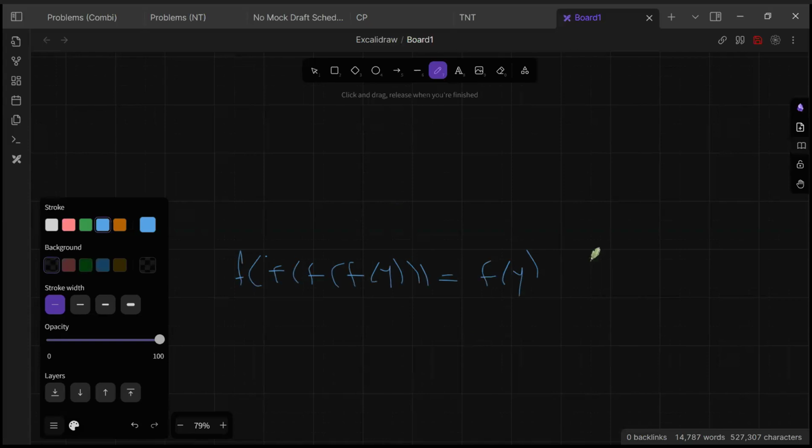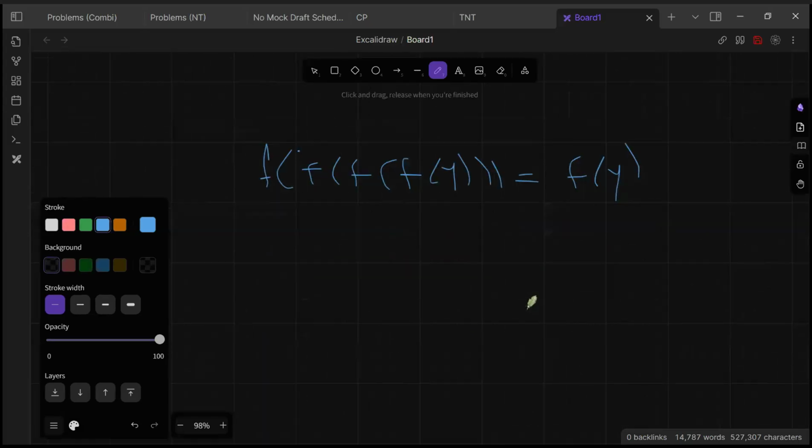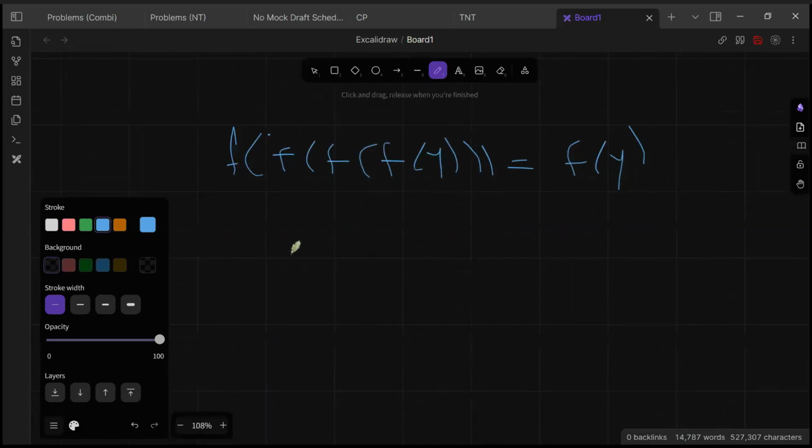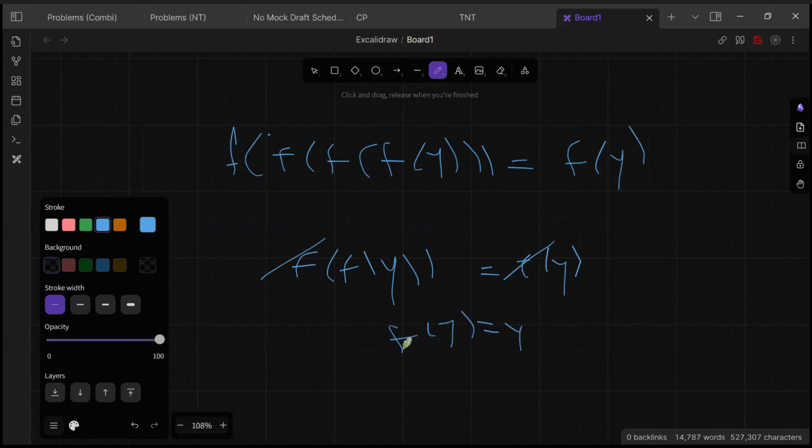I mean, in some cases it can definitely help. With 4 f's over here, it might not be very helpful. But suppose you have injectivity. I discussed this already, but if you have injectivity and you only have this much, then you can just cancel out the f's and you will get f of y is y, which is really cool.